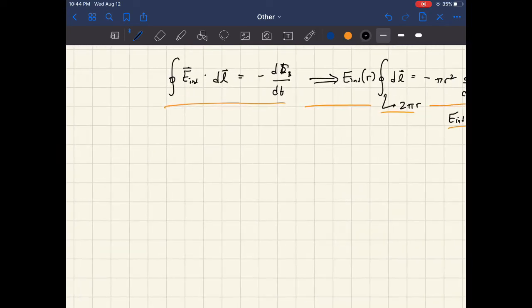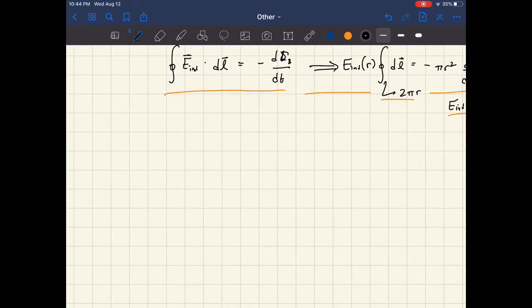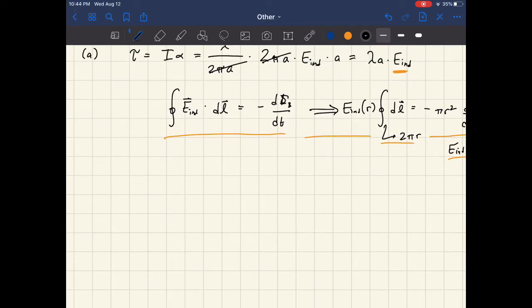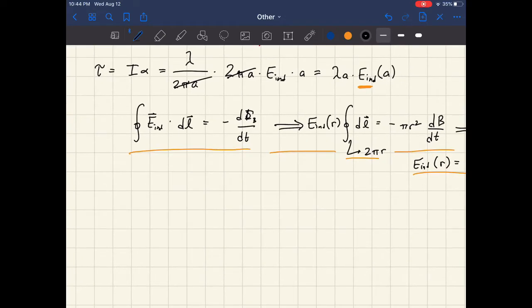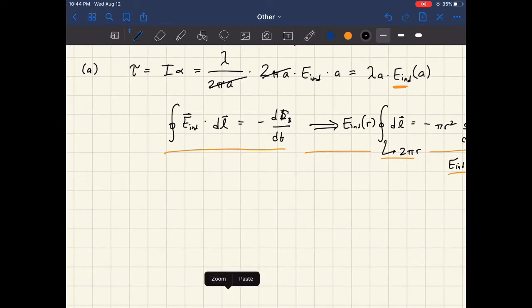Okay. Now that we're done with that, we're going to substitute that into here. And remember, this is E-induced of a, because we're talking about a. So let's substitute that in, and we want to find the final angular velocity.